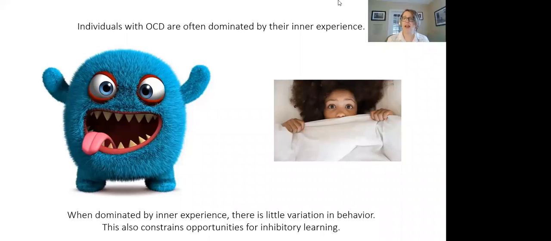And when that happens, as we discussed a little earlier, there's very little variation in behavior. So what you see is this rigid pattern of obsession compulsion. And this really constrains opportunities for inhibitory learning. One of the reasons it does that too is that it constrains your attention. It captures your attention where that thing is the one thing that you're focused on.